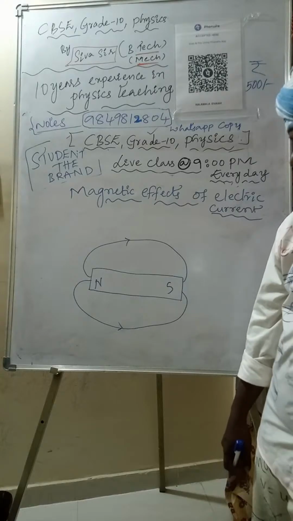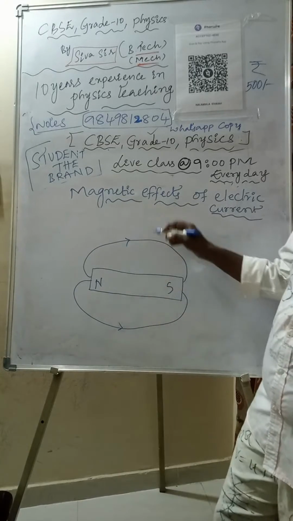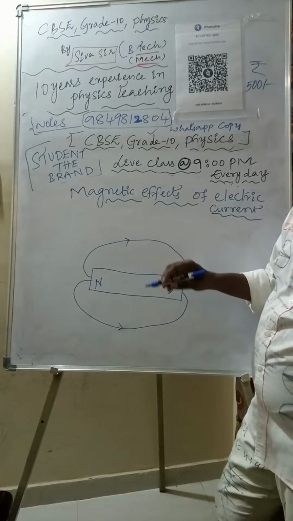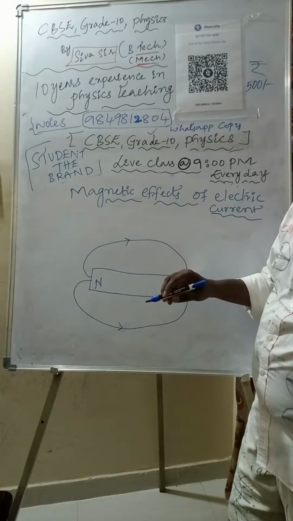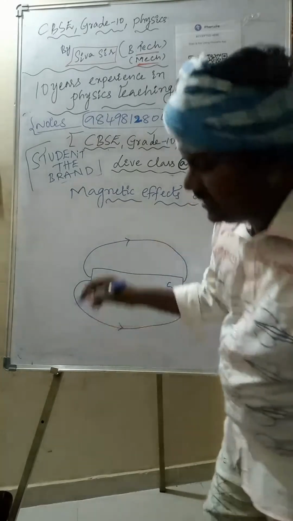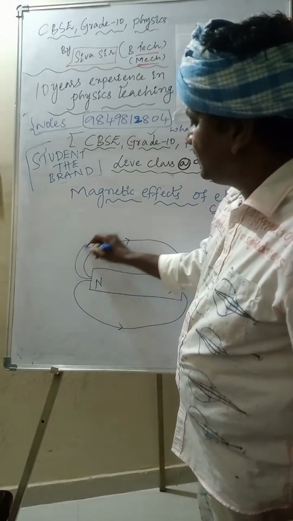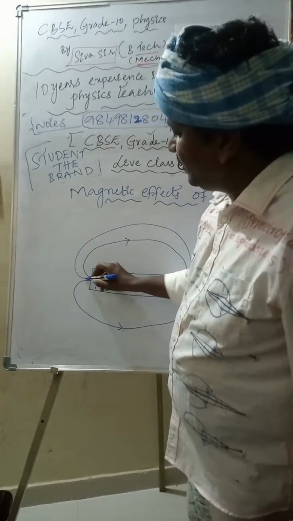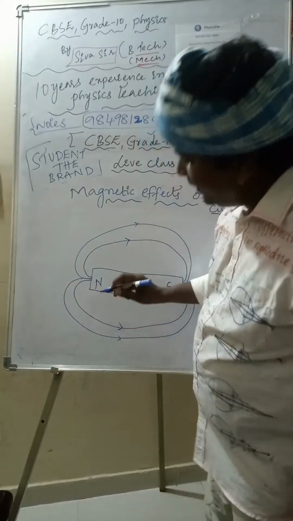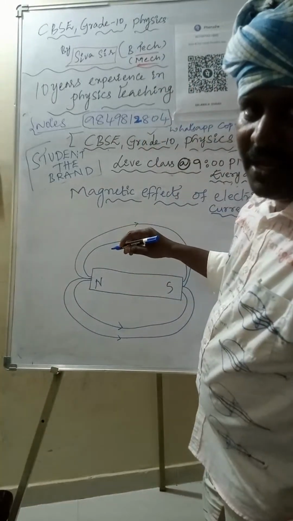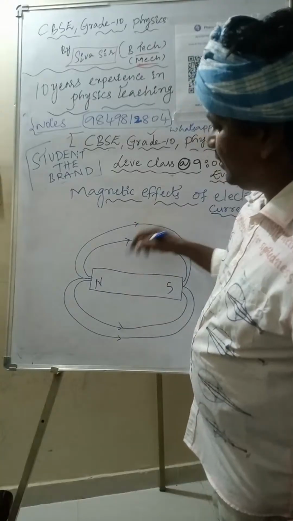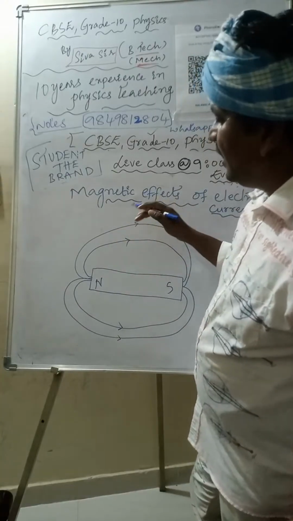Here I'm considering the magnetic field around the magnet in the form of field lines, like this.